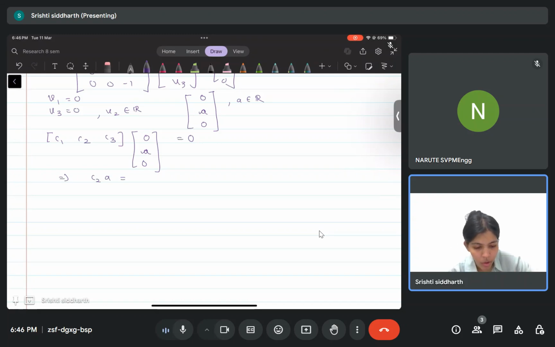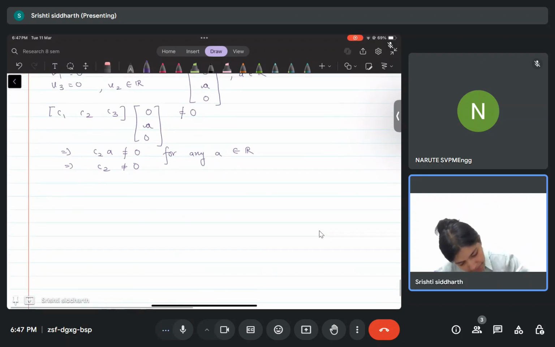We want the system to be observable, so this eigenvector should not lie in the kernel of C. Therefore, this should be non-zero for any real number a. So what does this imply? That C2 itself should be non-zero. We have two more eigenvalues, and we'll get the conditions on C1 and C3 as well. So let's do that quickly.